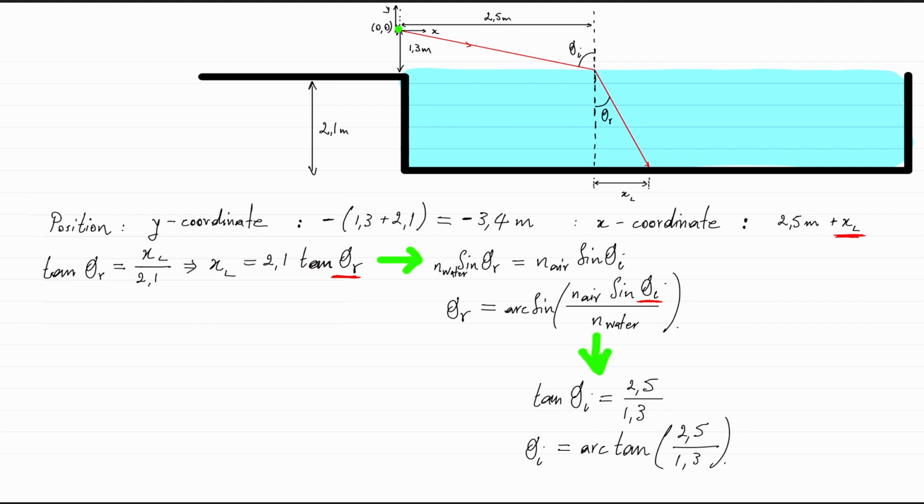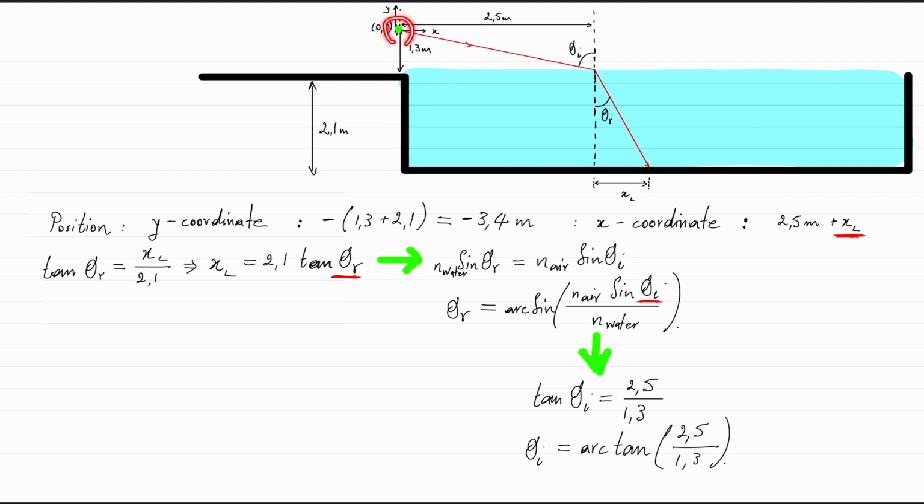And of course, your coordinate will depend on what you chose as your reference system. In this diagram, what I've chosen as my coordinate system is this red dot, where the torch is. The torch is 1.3 meters above the officer's feet, which means the bottom of the pool is going to be 1.3 meters plus 2.1.